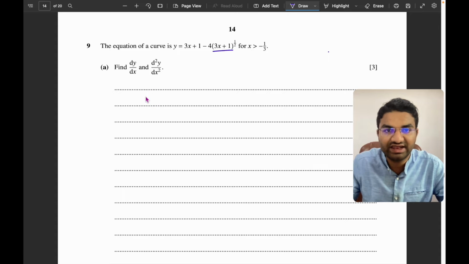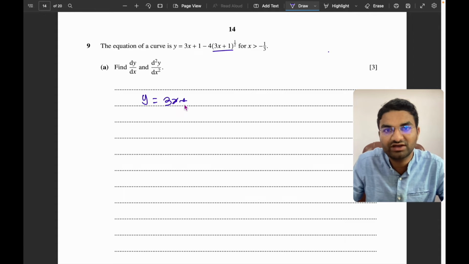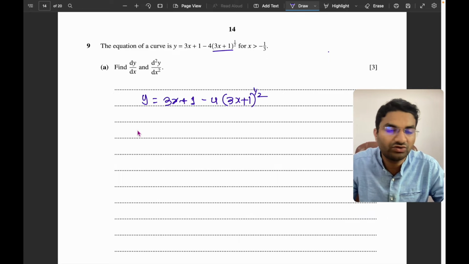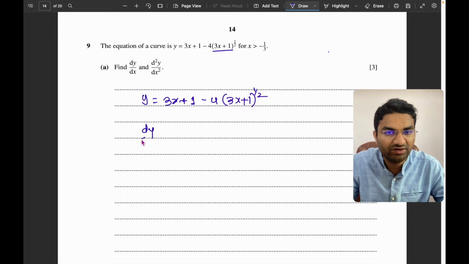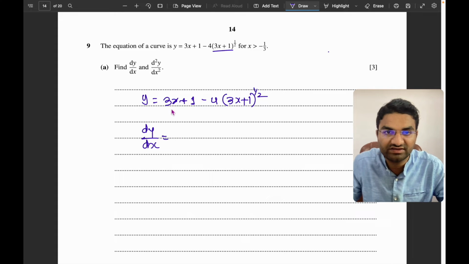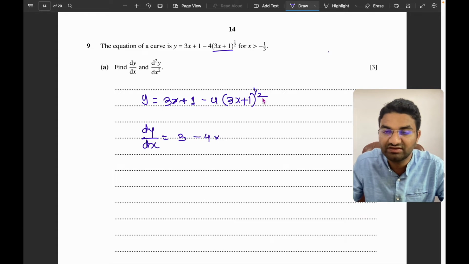Firstly, y is equal to 3x plus 1 minus 4 times 3x plus 1 raised to 1 by 2. So dy by dx is equal to, for 3x it's 3, for the constant 1 it's 0, then minus 4 times, using the x raised to n formula, 1 by 2 times 3x plus 1 raised to 1 by 2 minus 1, which is negative 1 by 2.